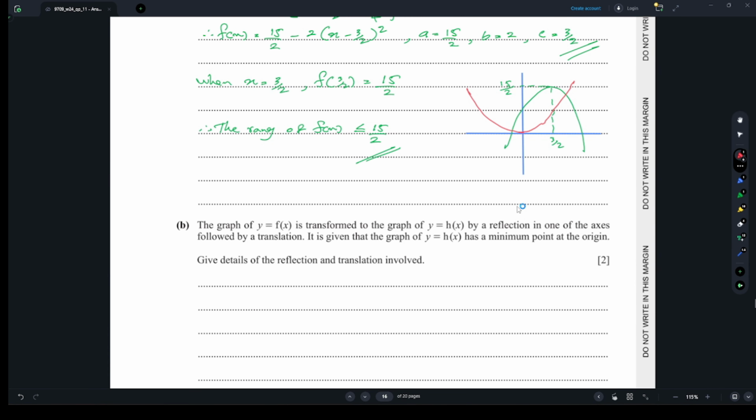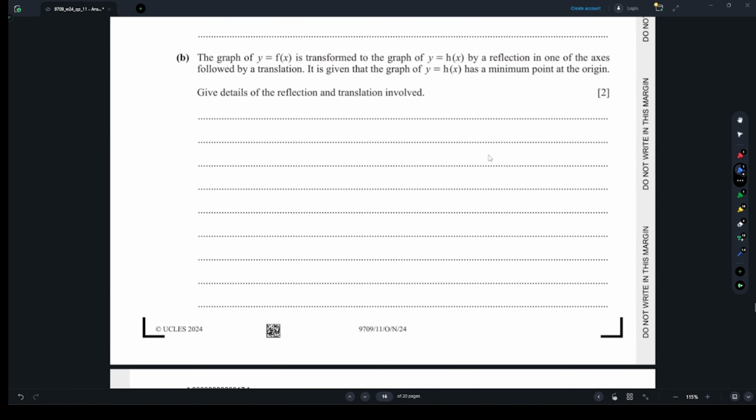It happened because we took the reflection around the x-axis, right? If I take the reflection, it should be like this in blue color, and then we translated that by -3 over 2, because we move that one to the left. So here it's 2 points, and you have to state that.